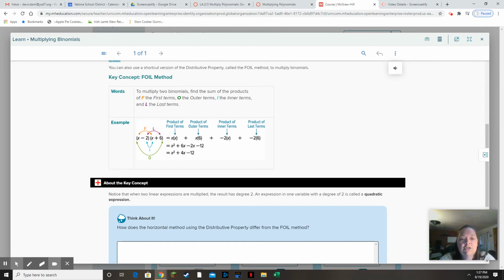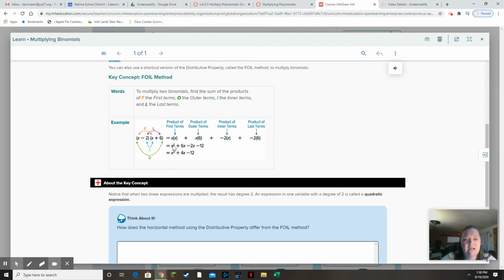The example here shows the F combining the x and the x to get x times x, the O combining the x and the 6 to get x times 6, the I, negative 2, and x, negative 2x, and the L, negative 2, 6, negative 2 times 6.